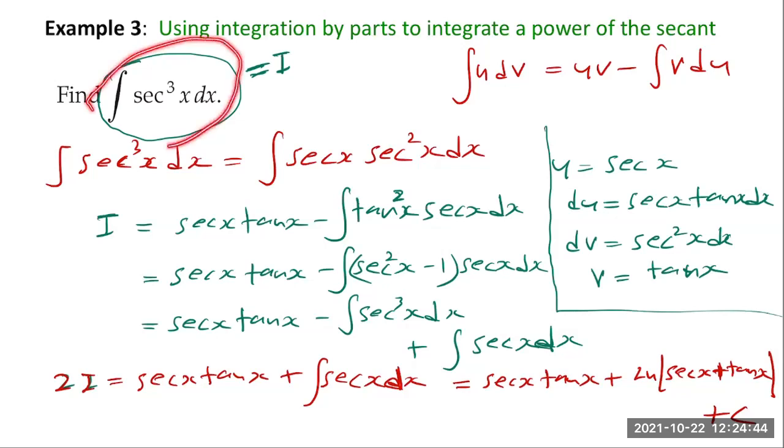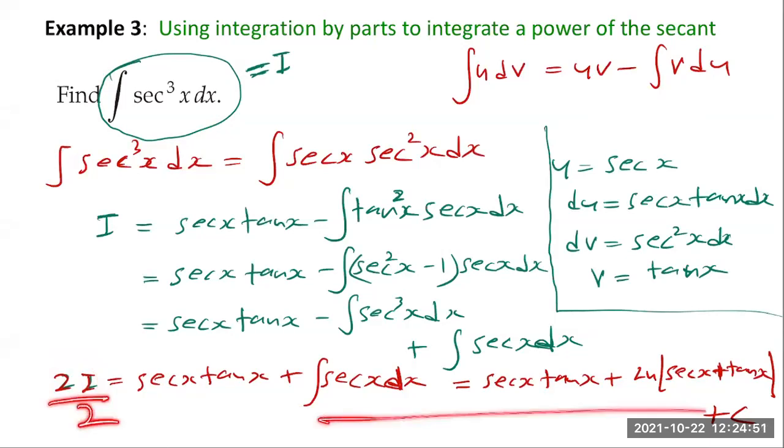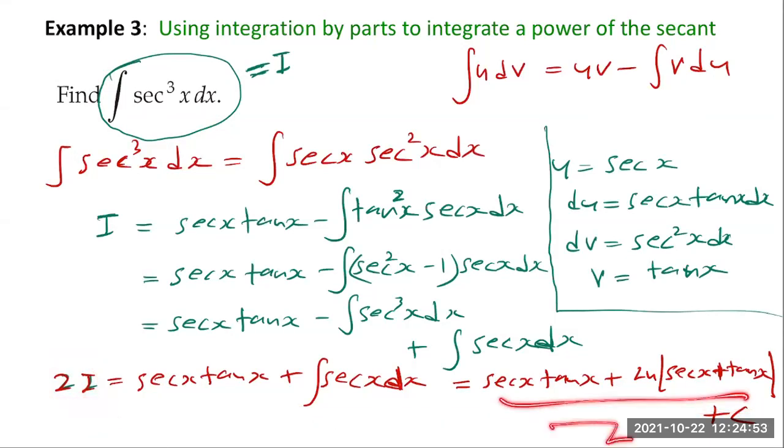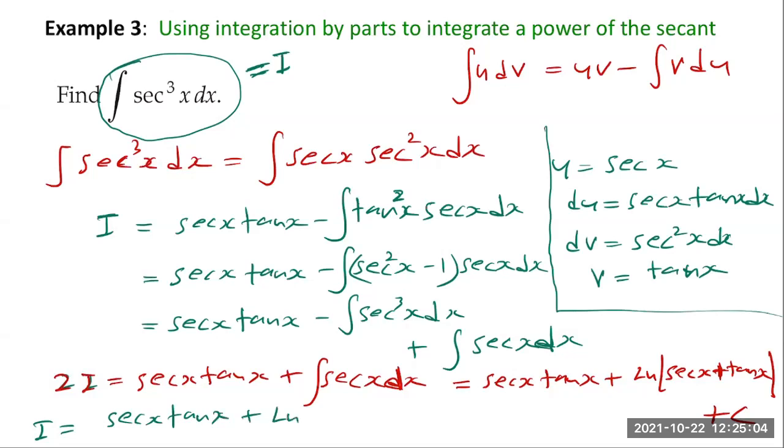Now we are not done yet. Remember, we wanted to find I, but we have found 2I. How do you find I? Divide both sides by 2. That will give you I. So your I will be equal to secant x tan x plus ln of the absolute value of secant x plus tan x, divided by 2, plus a constant c.